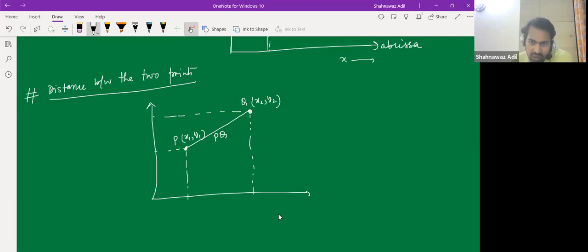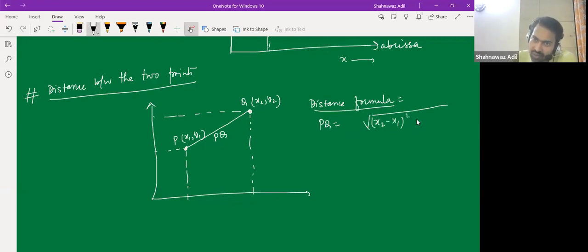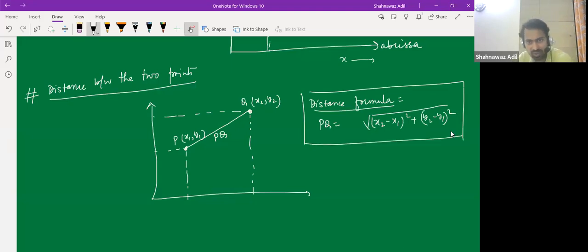So this distance is defined by the distance formula, which says that PQ would be the square root of x2 minus x1 whole square plus y2 minus y1 whole square. Is this clear to you? Because derivation is not important. To derive this, we'll have to write this one and this one, so derivation is not important, right?